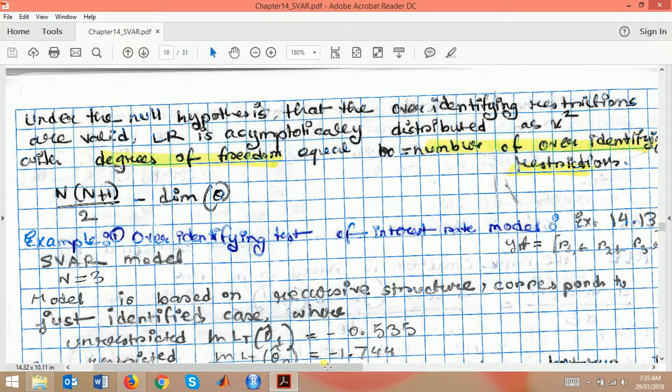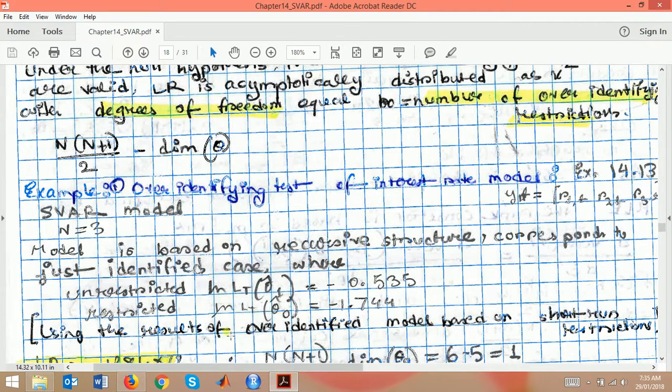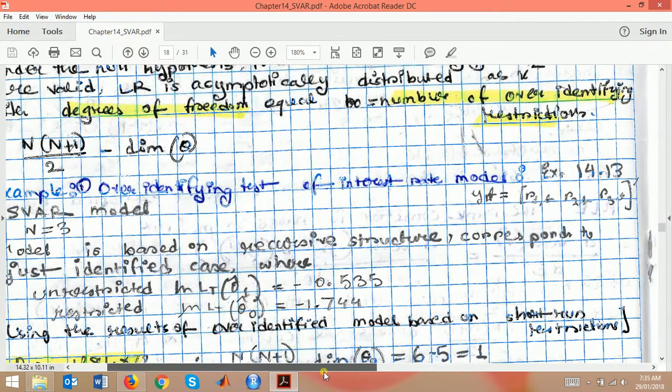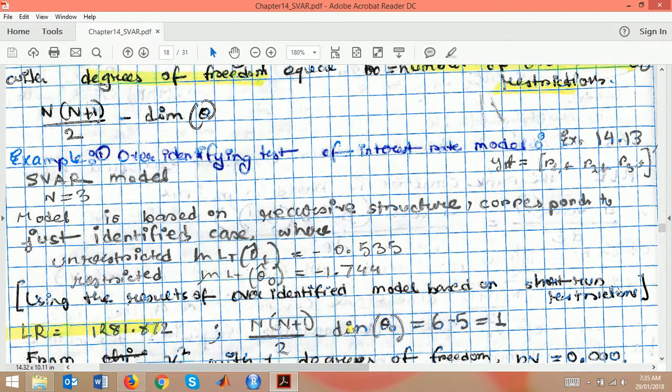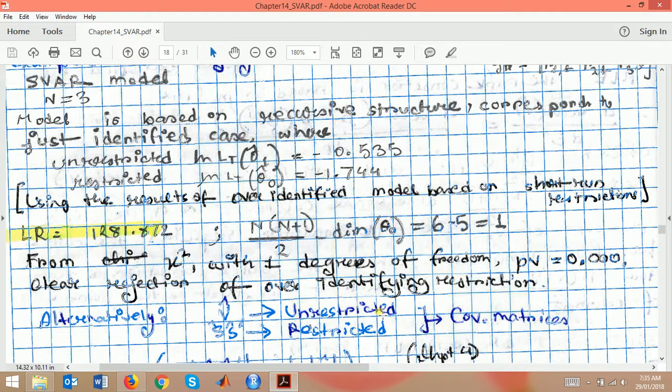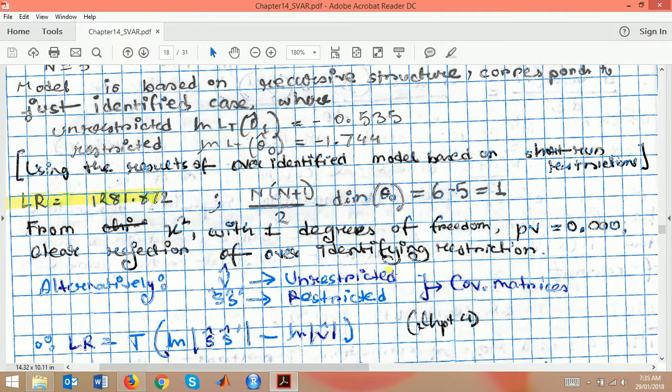So there's an example: over identifying test of interest rate model. We have n equals 3. The interest rate model is based on recursive structure corresponding to just identifying case, where unrestricted is theta 1 and restricted is theta naught, using the results of over identifying model based on short-run restrictions.